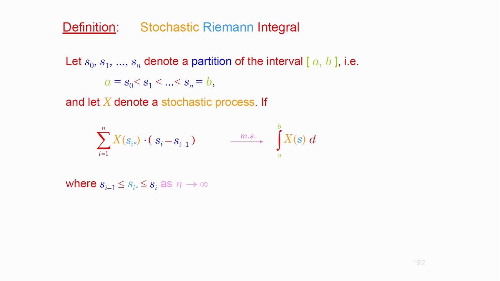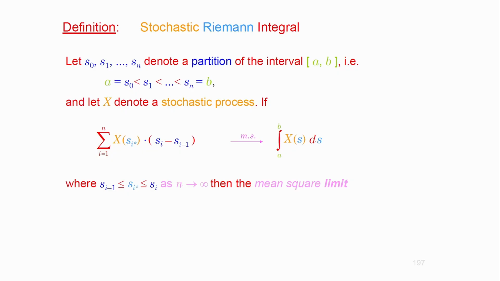At least it's not supposed to, because if the sum converges in mean square to the following expression, which is supposed to be a finite random variable, we express the limit in terms of an integral. So the integral is just representing the limit of this sum as the mesh size of the partition decreases, as I increase the number of subintervals inside the interval from a to b.